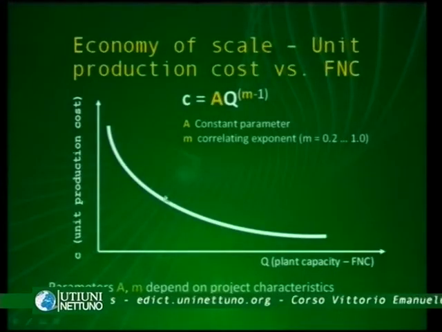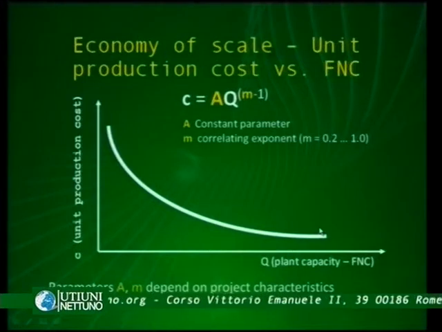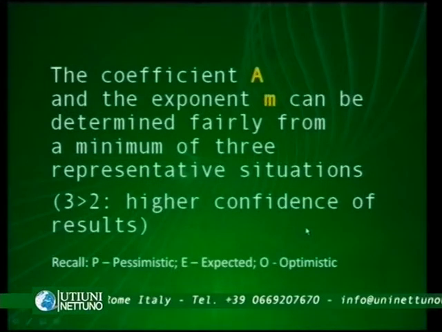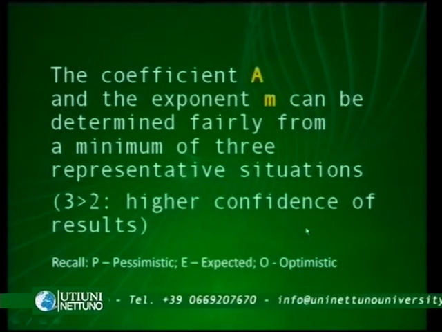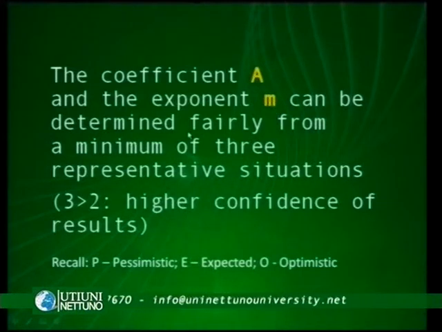The idea is that this effect occurs within the so-called minimum economic capacity. As we were saying, the coefficient A and the exponent M can be determined fairly from a minimum of 3 representative situations.